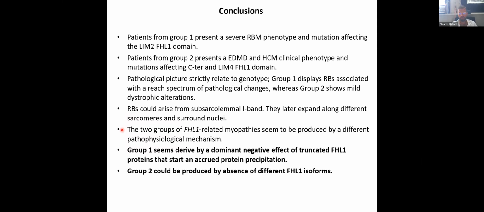So the two groups of conditions seem to be produced by different pathophysiological mechanisms.